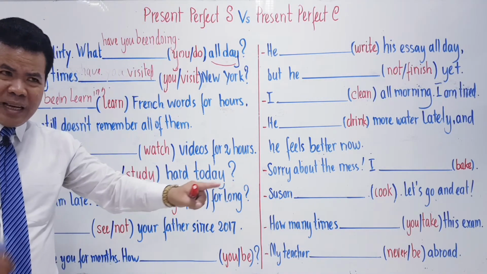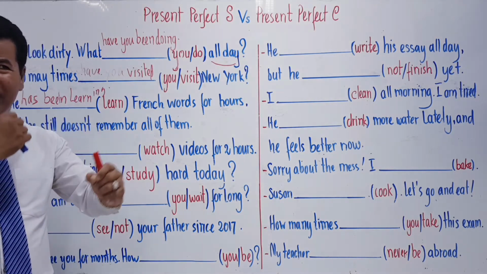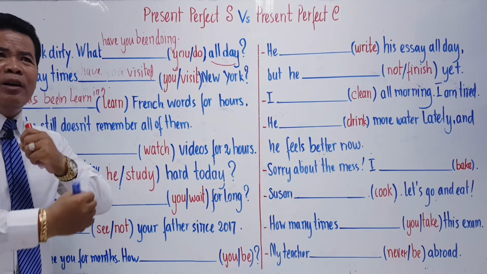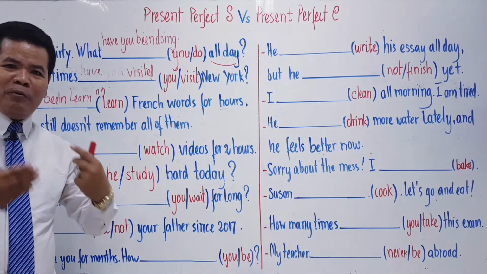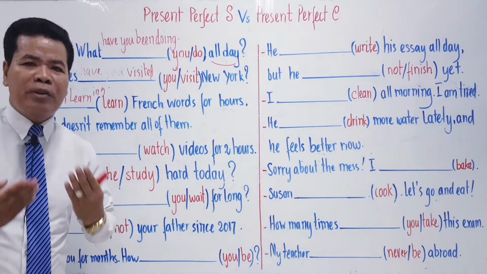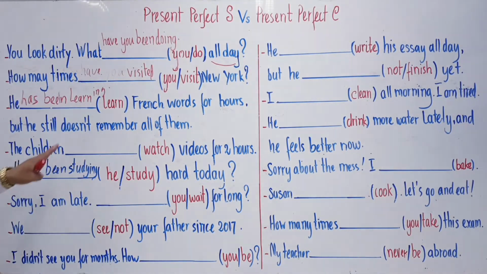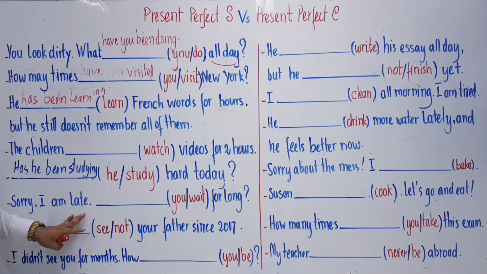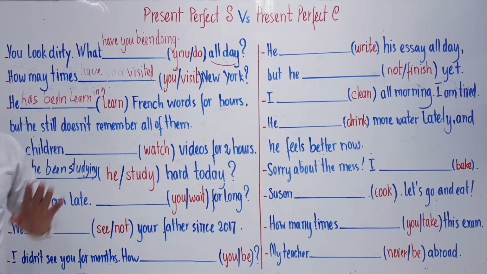Okay? So just imagine what kind of tense you are using. Present perfect simple or present perfect progressive. Try to see the whole situation in this exercise. Okay? Sorry, I am late. What kind of question is that? Did you stop waiting or are you still waiting?